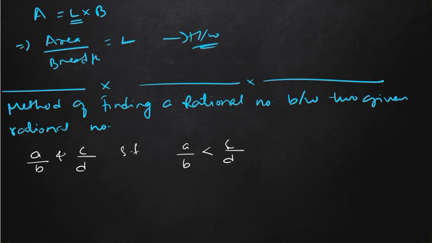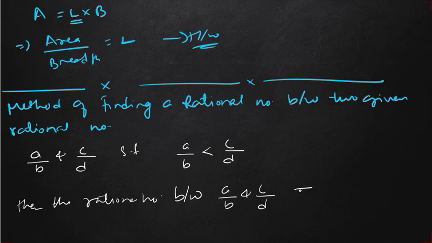Okay, so then the rational number between a by b and c by d is given by half of a by b plus c by d. Not half into a by b into c by d, but half into the sum a by b plus c by d.